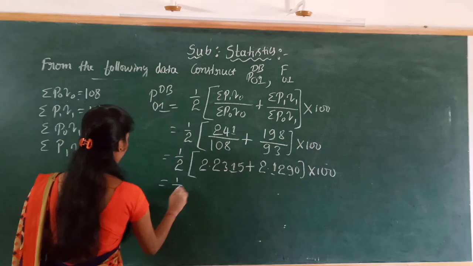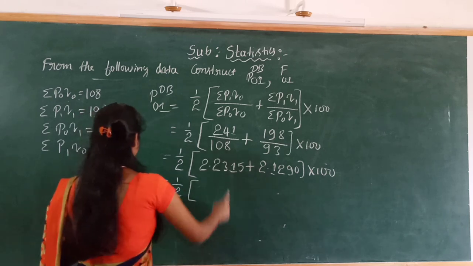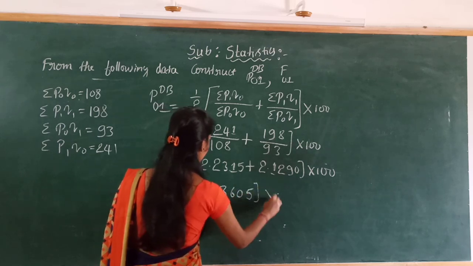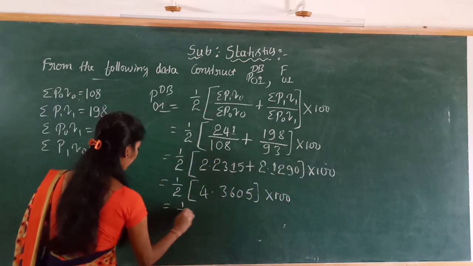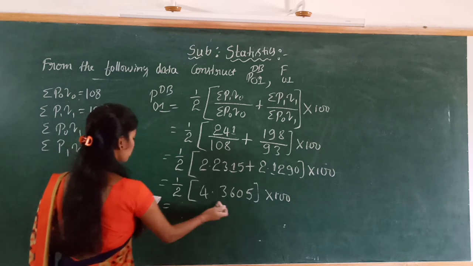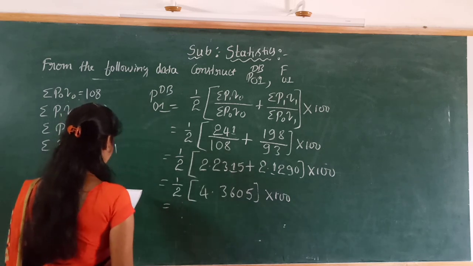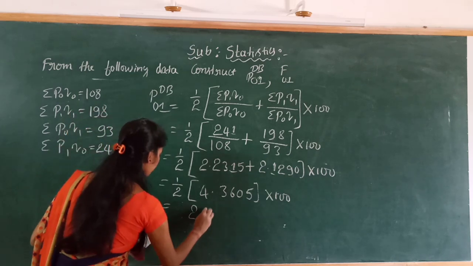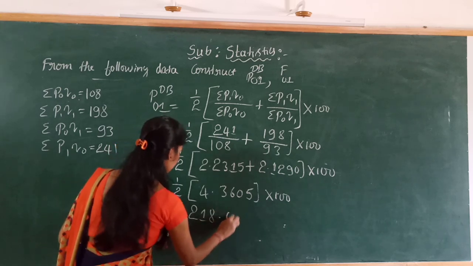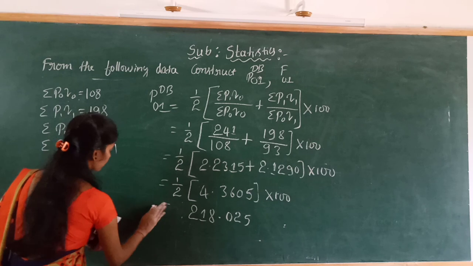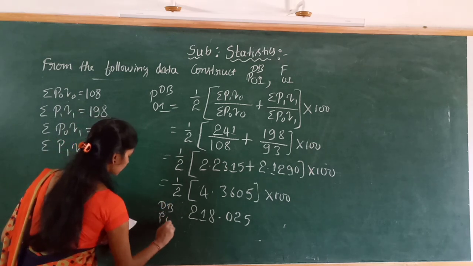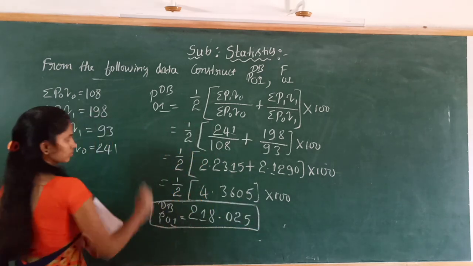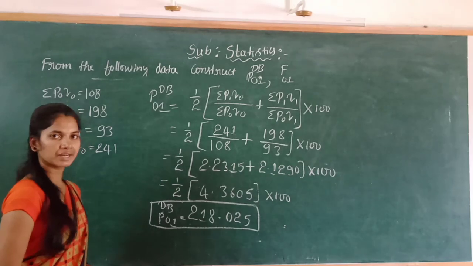Next step, 1 divided by 2 into, add these values, 4.3605 into 100. So the answer is 218.025. This is the Dorbish-Bowley price index number.